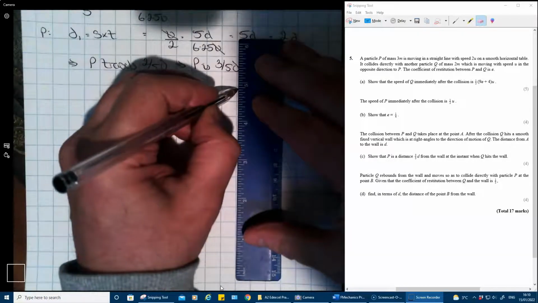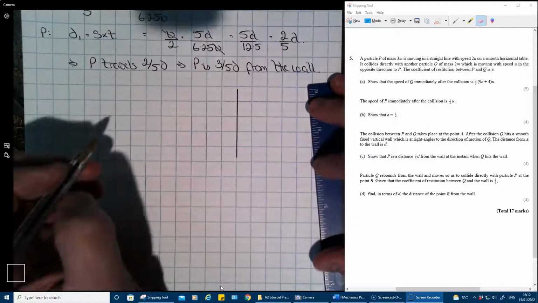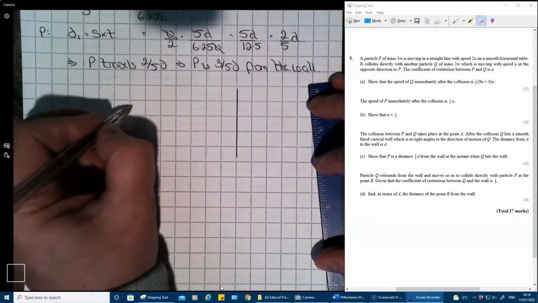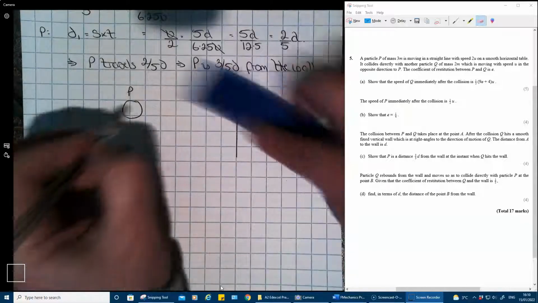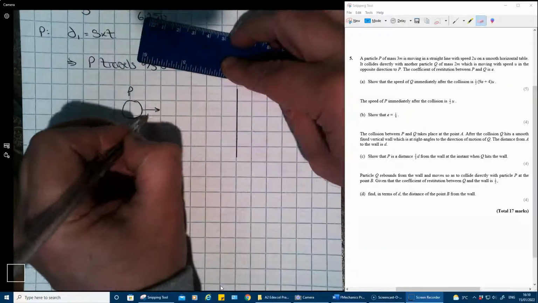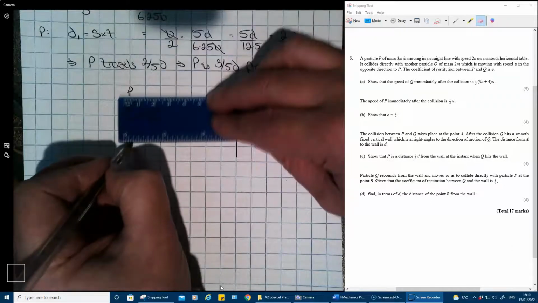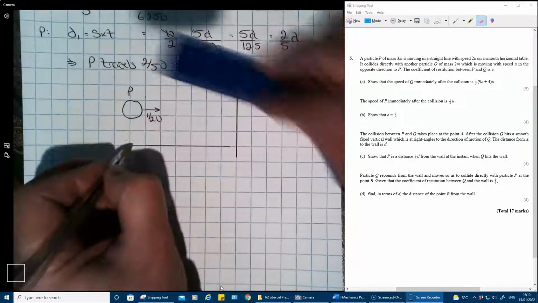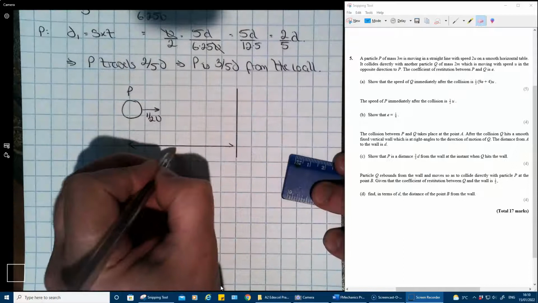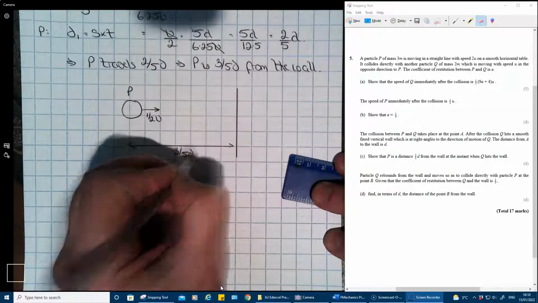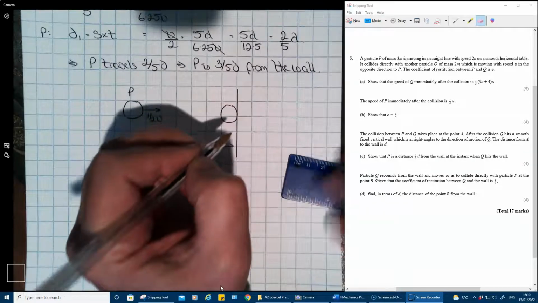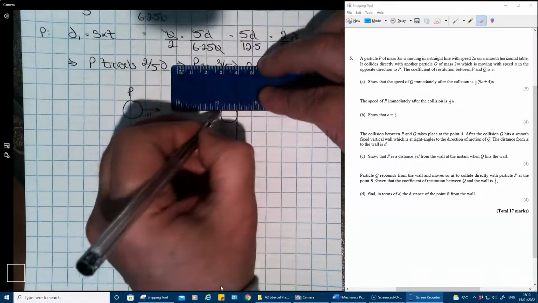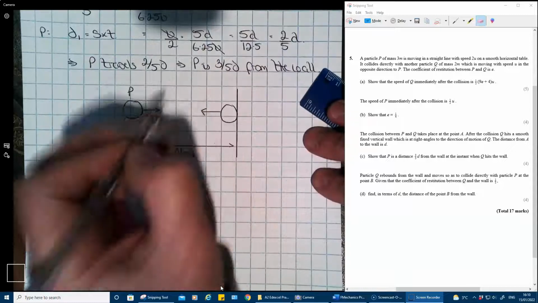So we've got, here's the wall, we've got P over here, travelling with velocity half u, and we know the distance away is 3/5 d, and Q is rebounding off the wall with velocity which is 1/5.